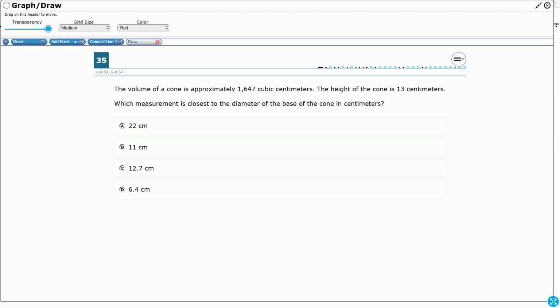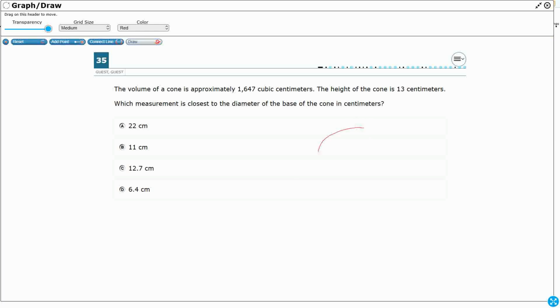So we've got the volume of a cone, and I'm just going to draw a visual like this. We'll make this our cone here. And so we can say our entire volume is approximately, so let's make these wavy, approximately 1,647 cubic centimeters. So that would be centimeters with a little 3.